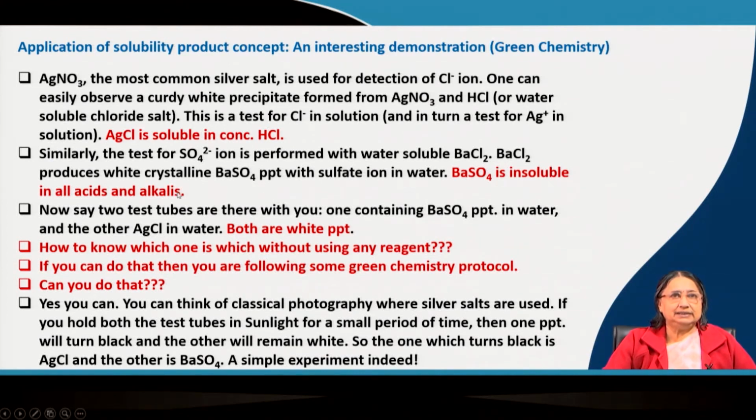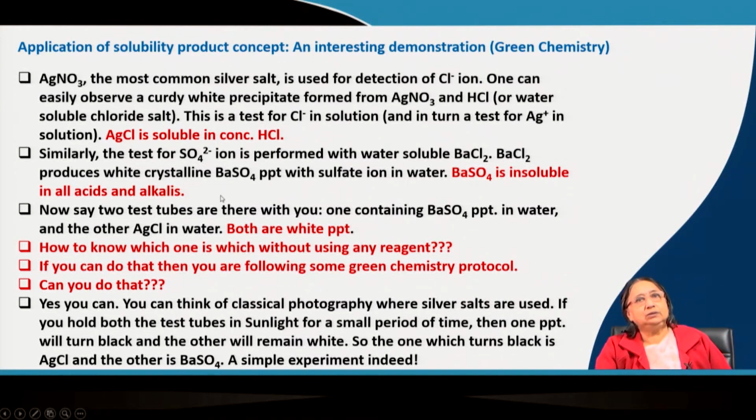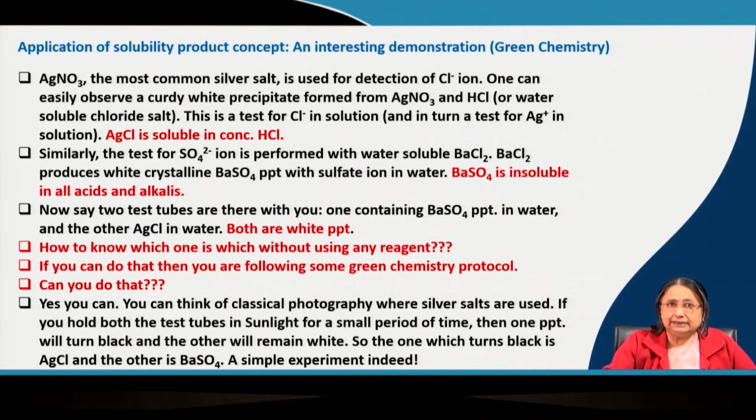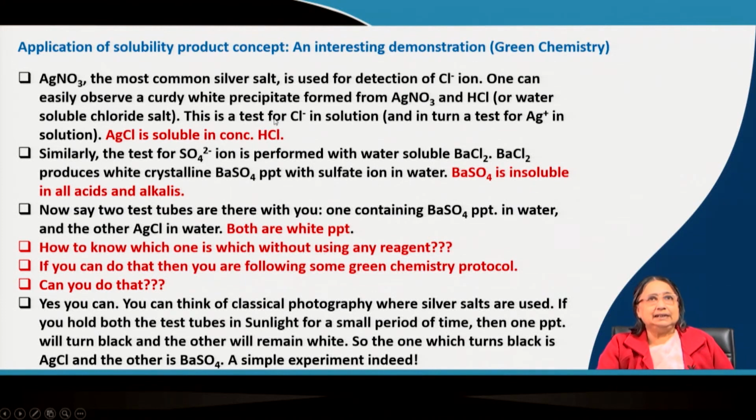So, see the difference in the properties. If I ask you how can you say, both are white precipitates, which one is silver chloride and which one is barium sulphate? Then you can easily tell that in one precipitate if I add HCl it will dissolve, in another it will not dissolve. So, the one which dissolves is AgCl and the one which does not dissolve is barium sulphate.